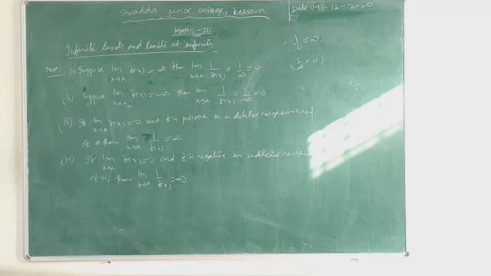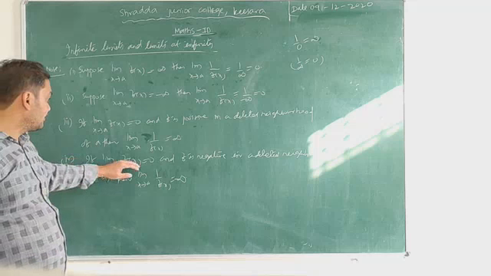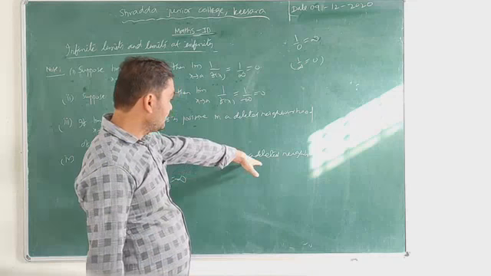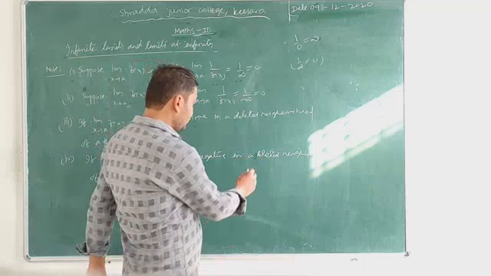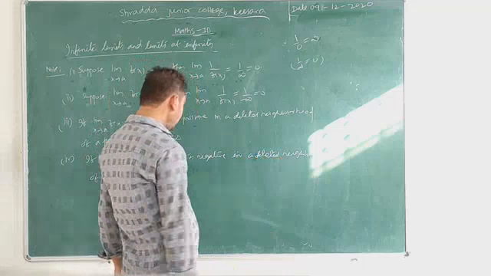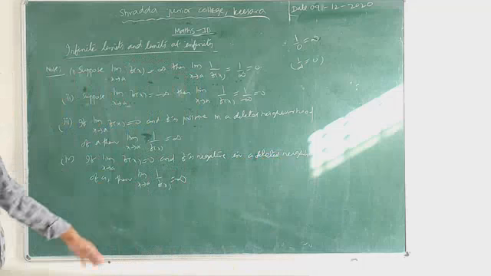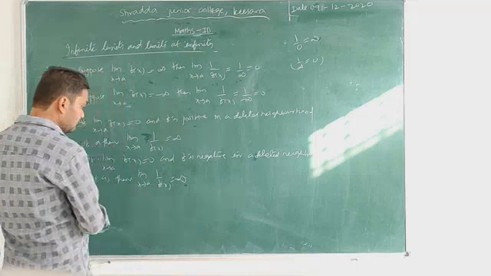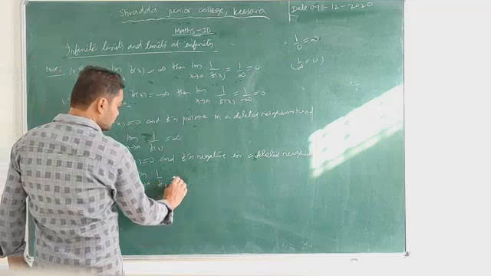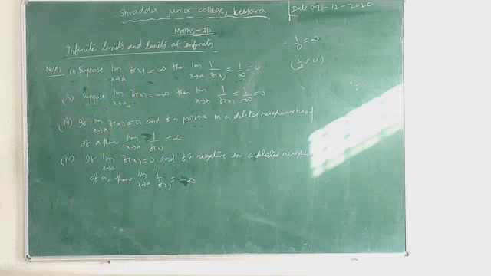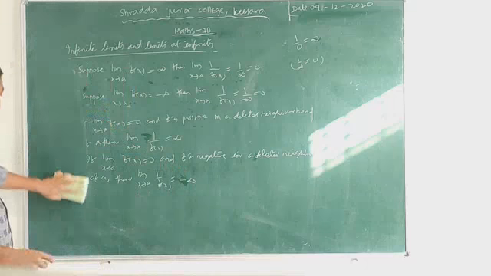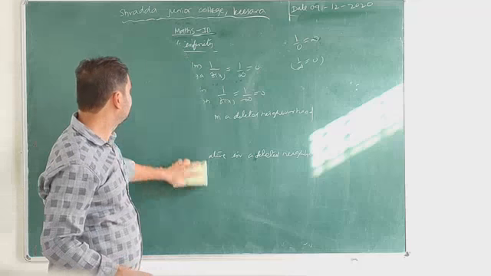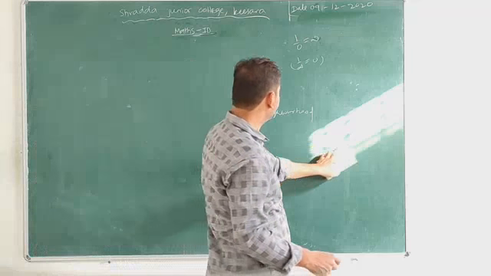The next, fourth condition: if limit x tends to a, f of x equals 0 and f is negative in a deleted neighborhood of a, then limit x tends to a, 1 by f of x equals what? That is minus infinity. These are some conditions for infinite limits and limits at infinity.